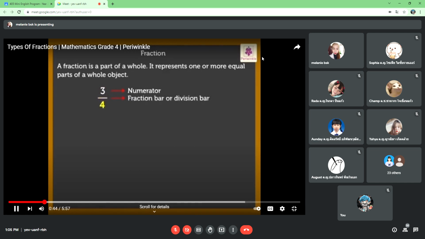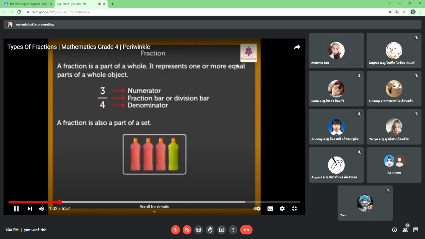The number below the fraction bar is called the denominator. It indicates the total number of equal parts the whole is divided into. Kids, a fraction is also a part of a set. Look at an example. Take a set of 4 bottles. 3 are red and 1 is green. Here we say 3/4 of the bottles are red.